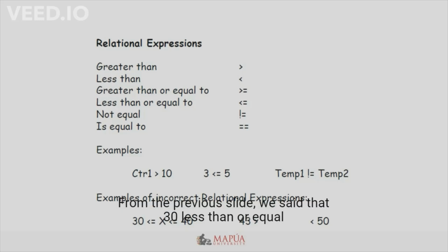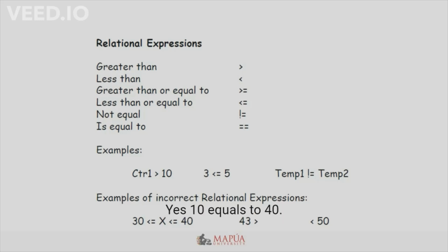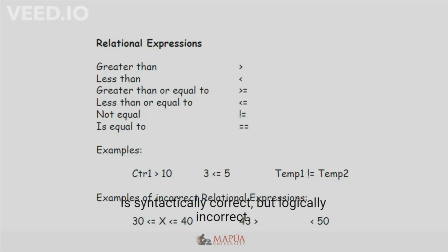From the previous slide, we said that 30 less than or equal to x less than or equal to 40 is syntactically correct but logically incorrect. So let's say, for example, I assign a value to x, let's say 35.